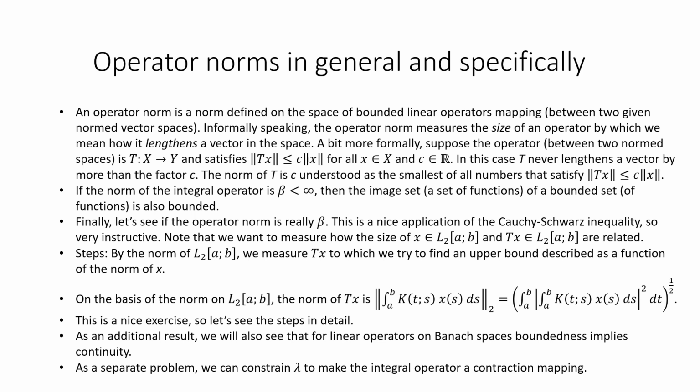We can calculate the norm because it belongs to the function space L2. And so we will try to find a way to compare the length of this result to the norm, to the length of the initial function x. Okay, so this is what we are going to do.